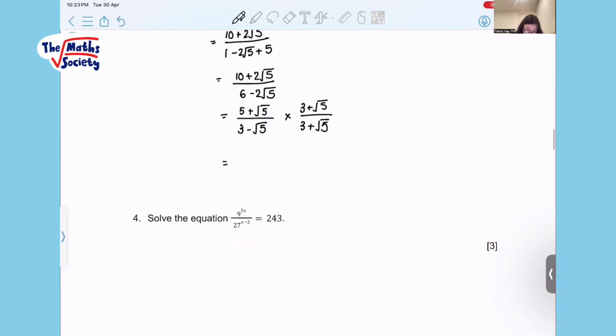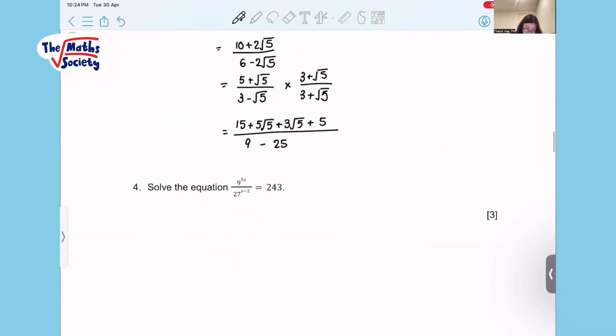So you just do the normal as well. 15 plus 5 root 5 plus 3 root 5 plus 5 divided by 9 minus 5. So we know it's just going to be canceled out with each other. So just minus 25, yeah? And then we'll have 20 plus 8 root 5 by 9 minus 25, which is going to be 4.